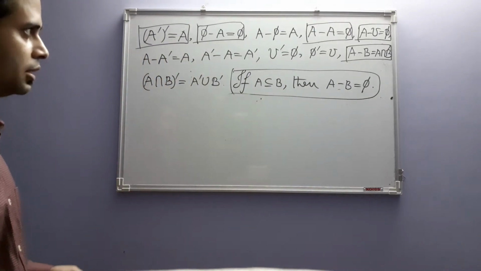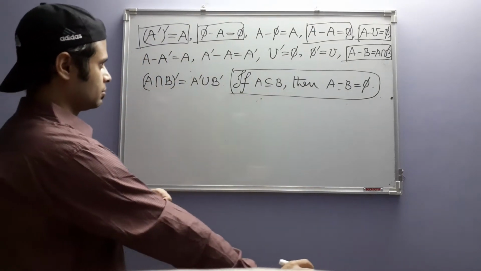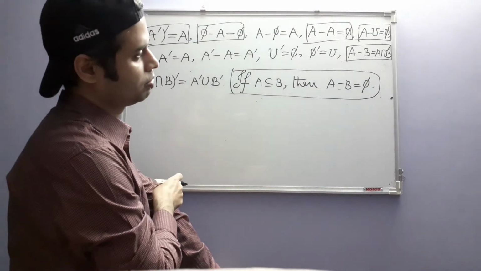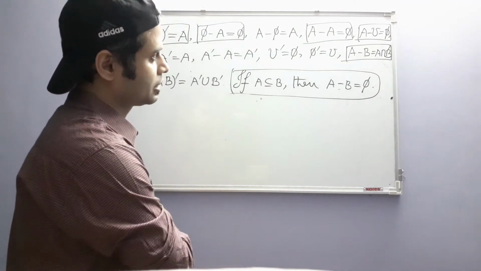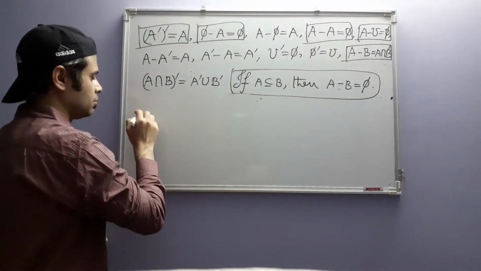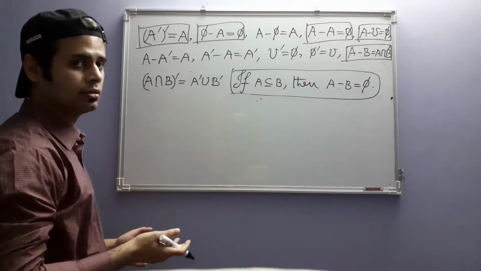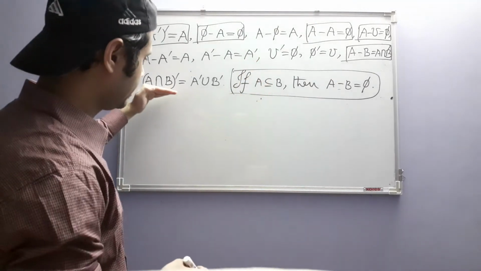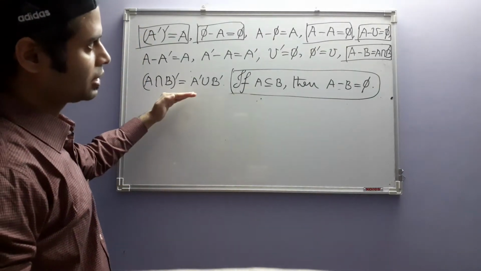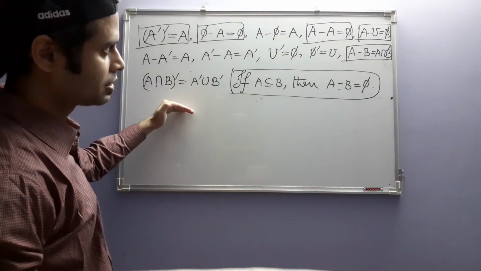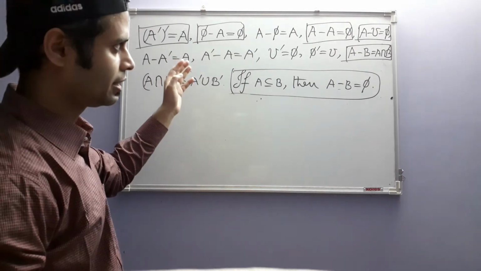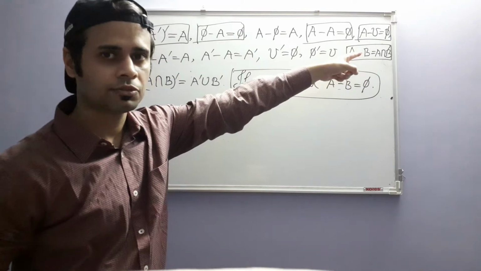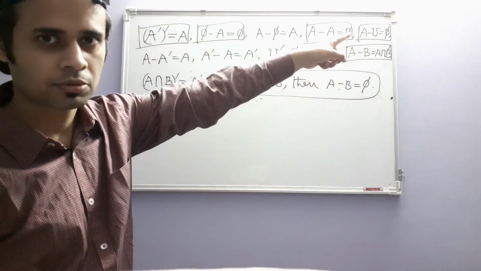Now we prove it. We have to take elements. We can prove some of these without taking elements, by using other results, for example, to prove that A minus B is a subset of A intersection B complement.